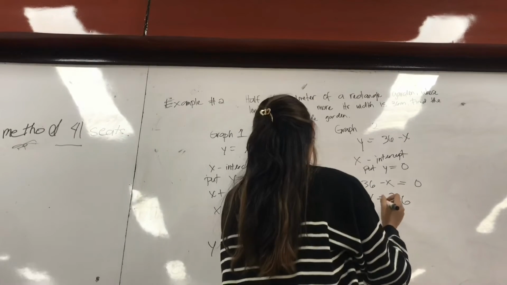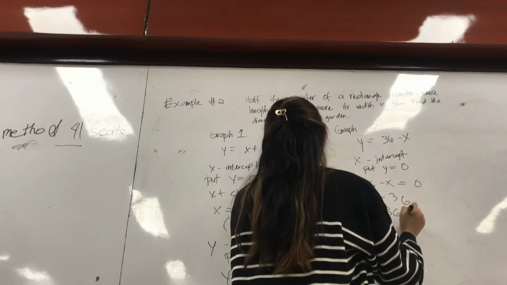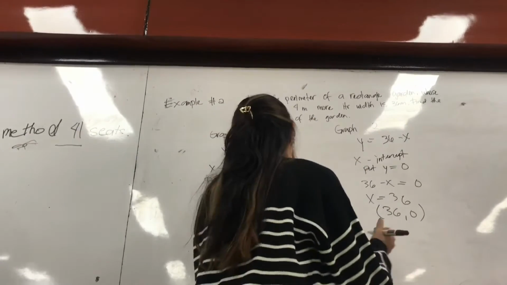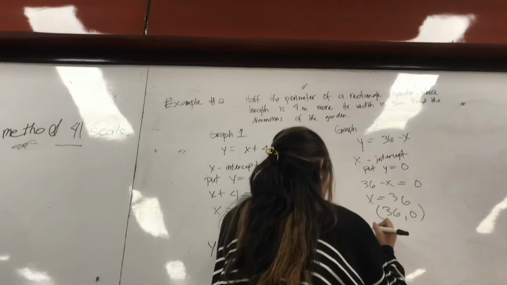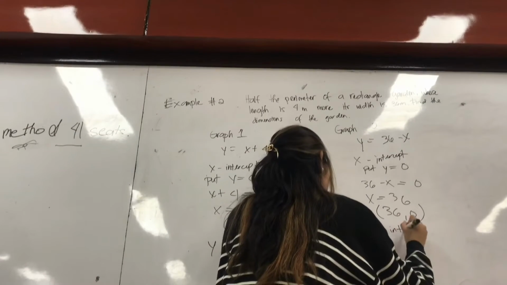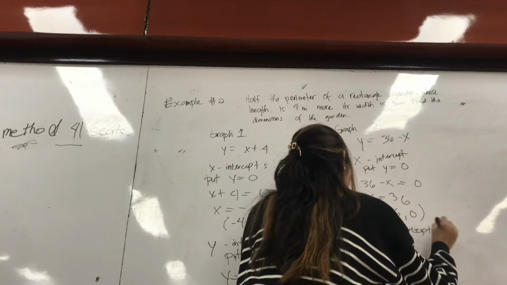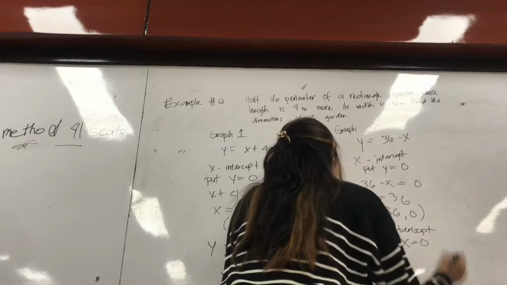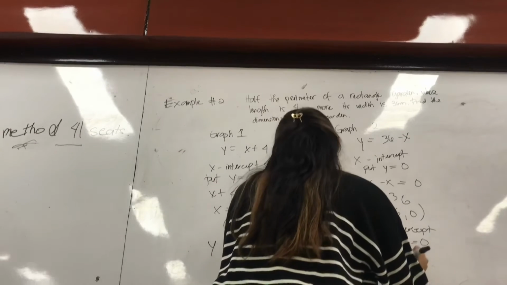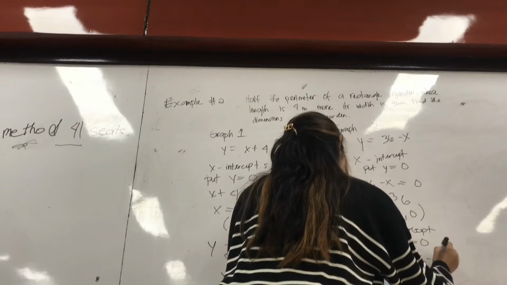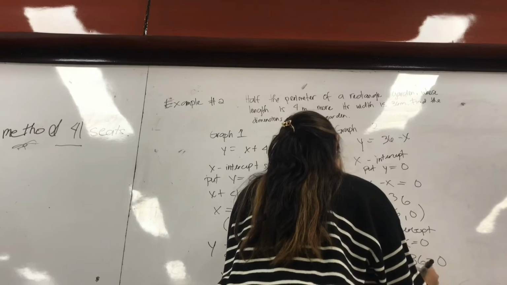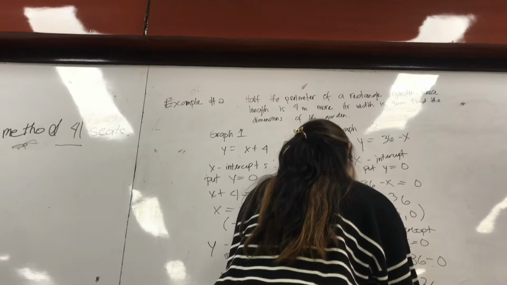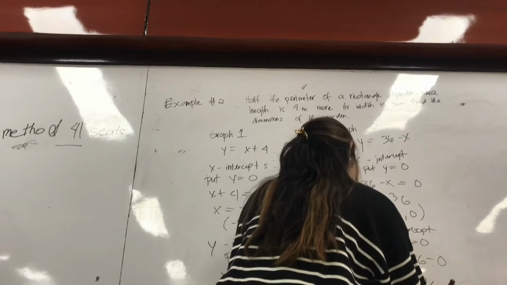So our point is 36 and 0. Now let us put x equals 0 for the y-intercept. So y equals 36 minus 0, y equals 36. So our point is 0 and 36.